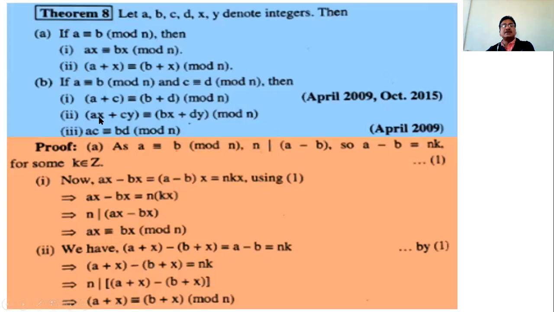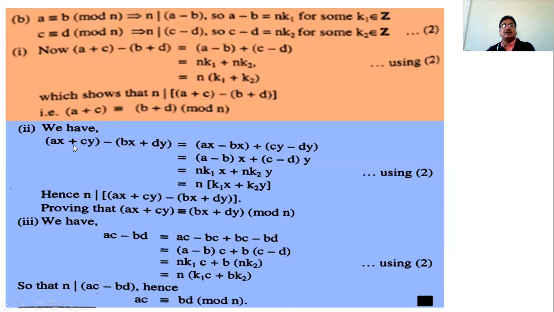Now we have to show ax + cy is congruent to bx + dy, where x and y are integers. So consider (ax + cy) − (bx + dy). This is (ax − bx) + (cy − dy), after the effect of the negative sign. Then take x as common, y as common.